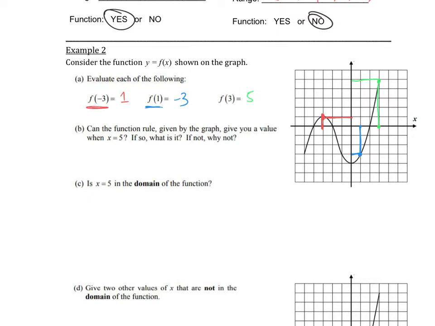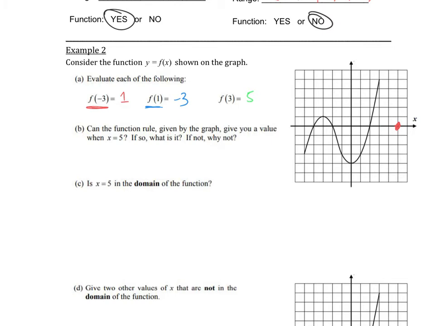Let's look at part B. It says, can the function rule given by the graph give you a value when x is equal to 5? So let's check this out. So I want to look at x is equal to 5 and see if our function rule can give me something out. Well, x is equal to 5 is at 1, 2, 3, 4, 5 right here.